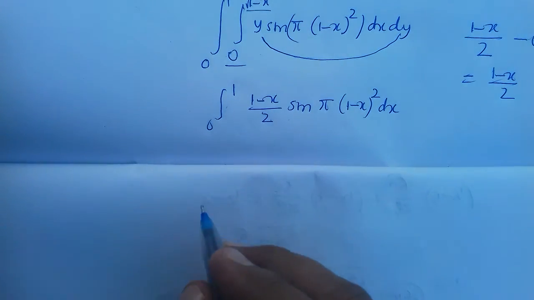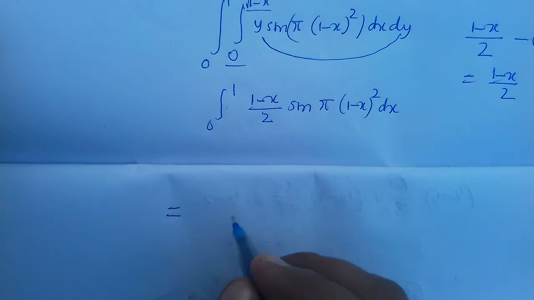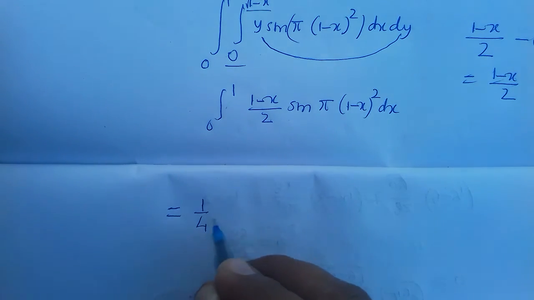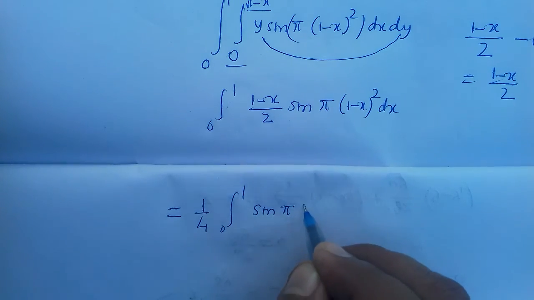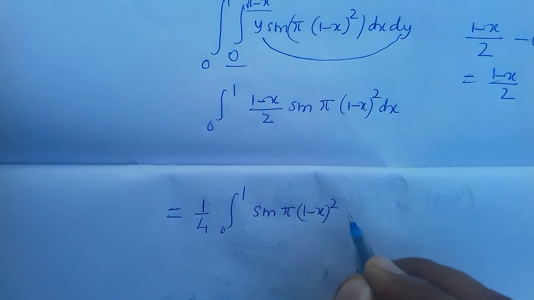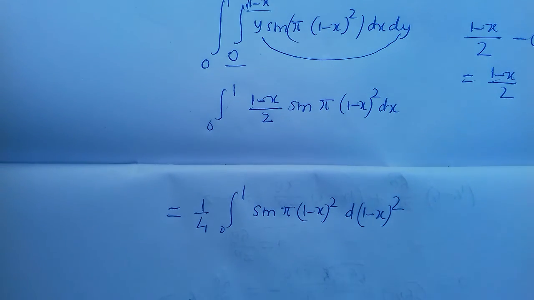Now we can write this as 1 by 4, integral from 0 to 1 of sin pi (1 minus x) whole square d(1 minus x) whole square.